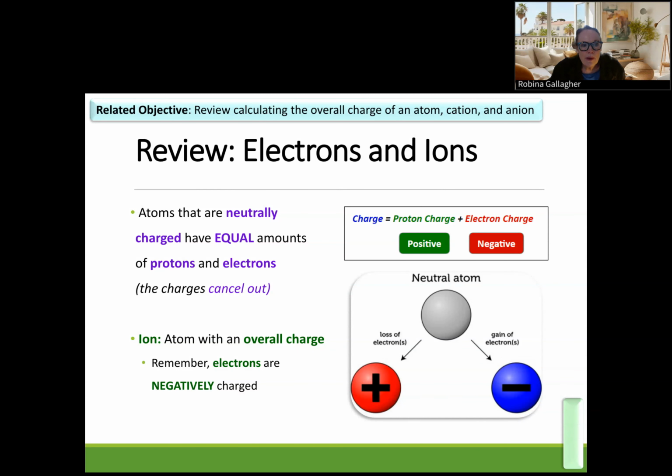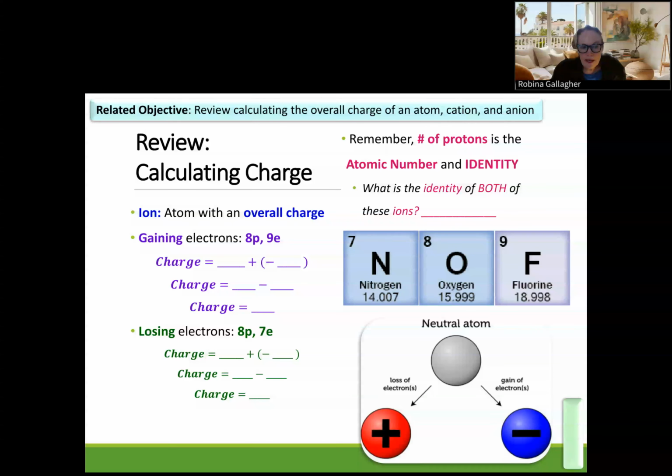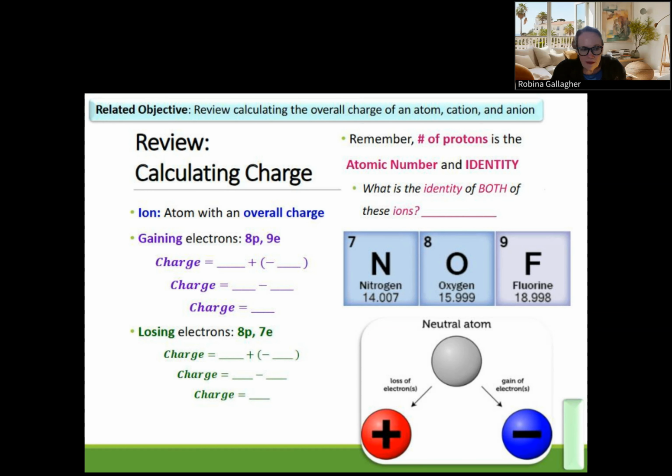And remember, when we're adding positive and negative numbers, we subtract the numbers and keep the sign of the larger number. Here are a couple examples.